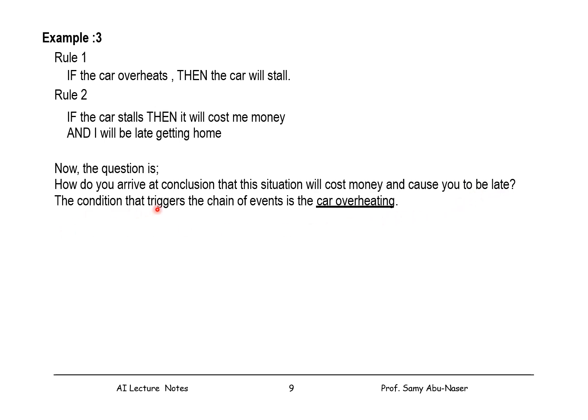The condition that triggers the chain of events is the car overheating. If the car overheat is true, then we conclude the car will stall. And if we conclude the car will stall, then the result is that it will cost me money and I will be late getting home.